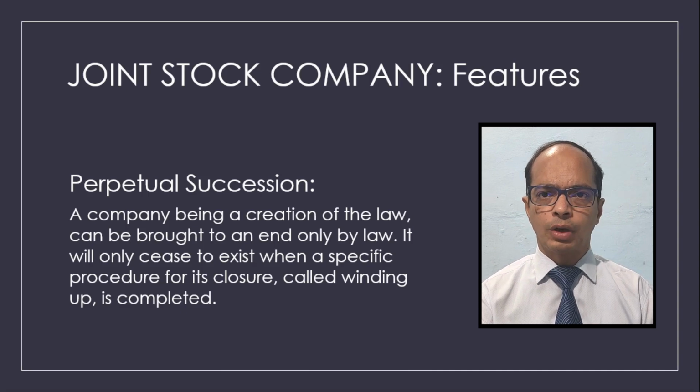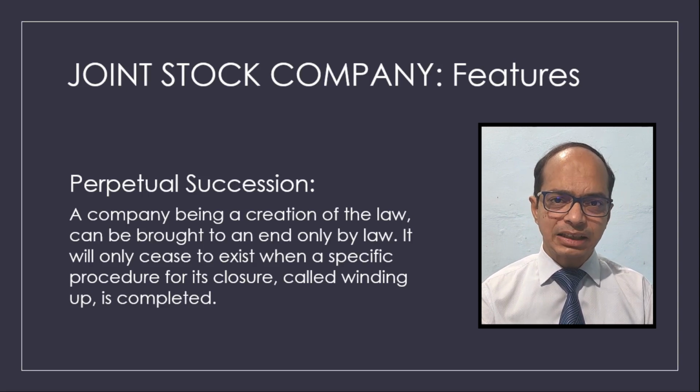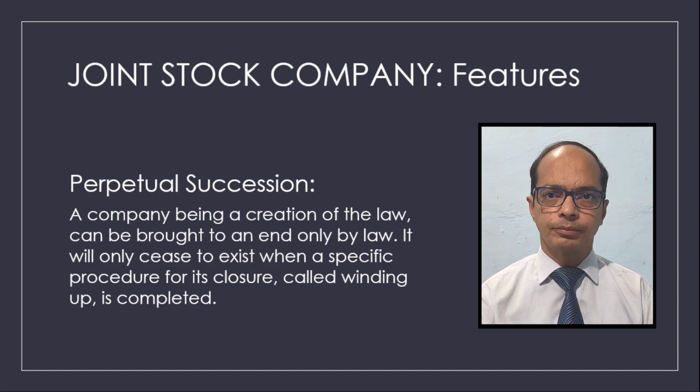Another member will take over the charge. Means life of joint stock company is permanent. It can be closed only after adopting the specific legal procedure which is prescribed for winding up of joint stock company in the Companies Act 2013.